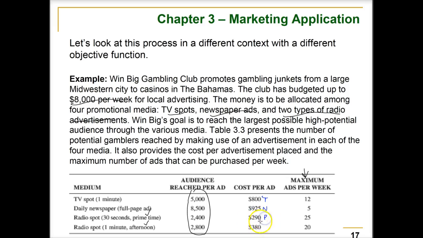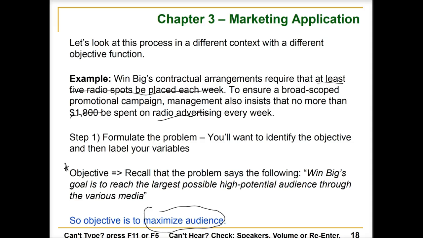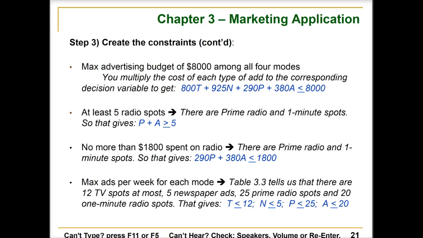And then for the prime time, 290 for the radio spot, which is 1 minute in the afternoon. We have this. So if we add all these up, then we know that the total that we can spend there is going to be $8,000. So here, that's why we have this particular constraint here. And of course, that has to be less than or equal to $8,000.